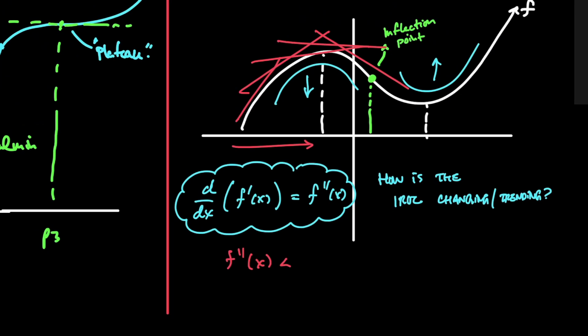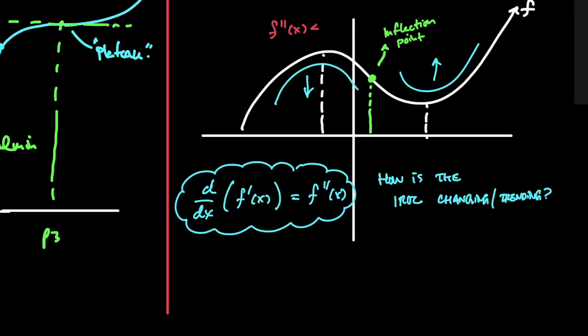Whereas on this side, and I'm going to undo some of the busyness of my picture here. So over here, we'd say f double prime is negative. Those slopes are, right, decreasing. And over here, just the opposite's happening. The slopes of the tangent lines are going from decreasing to 0 to positive to steeper. It's concave up.